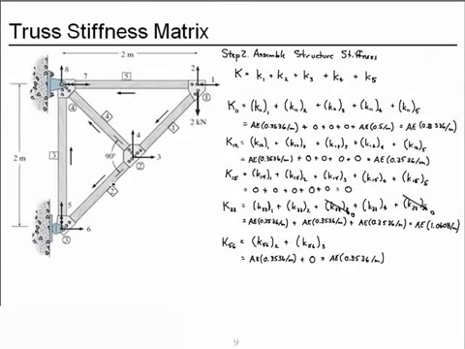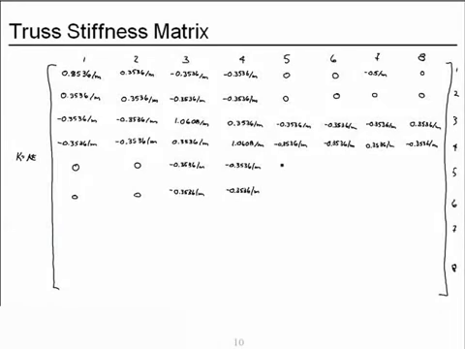Now our next chunk. Members 2 and 3 meet at this node where degrees of freedom 5 and 6 are. So we add the contribution from each of those two members, careful that we recognize degrees of freedom 5 and 6 will be put in that sequence into the structure stiffness matrix, but in the element matrices they are in reverse order.